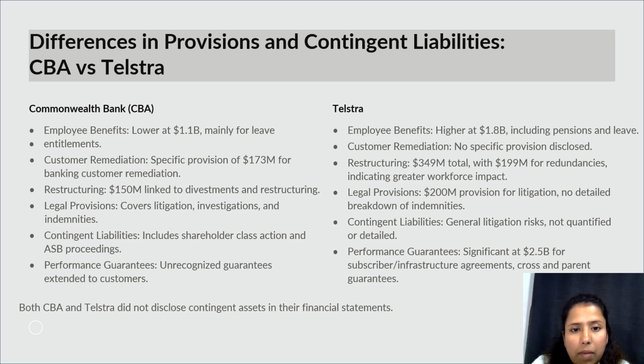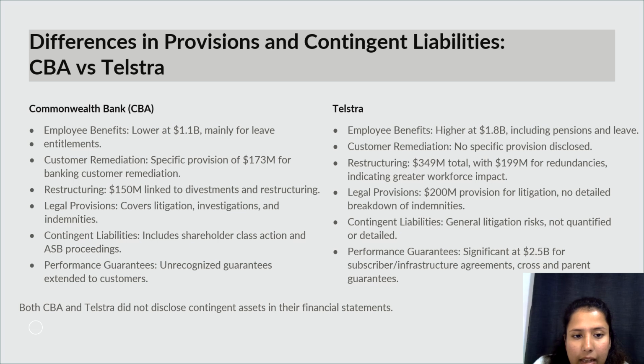Next, I'll be talking about the differences in the provisions, contingent assets and contingent liabilities. So the Commonwealth Bank mainly focuses on customer remediation, which is around $173 million, driven by banking misconduct. And next is the smaller restructuring provision, 150 million, often tied to divestments.